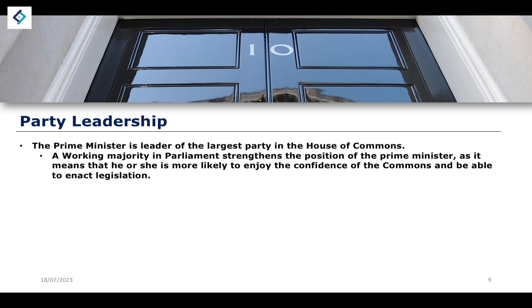When we see 1997 roll around and New Labour get elected with the largest majority in history, we see so much important groundbreaking legislation. We see things like devolution, constitutional reform, House of Lords reform, human rights provisions, all of which are really significant.